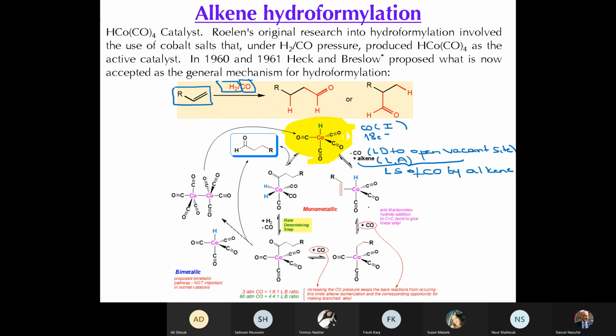Now we have two possibilities. Hydrogen can do migratory insertion on CO, or hydrogen can do migratory insertion on the alkene. Hydrogen to CO forms one product.